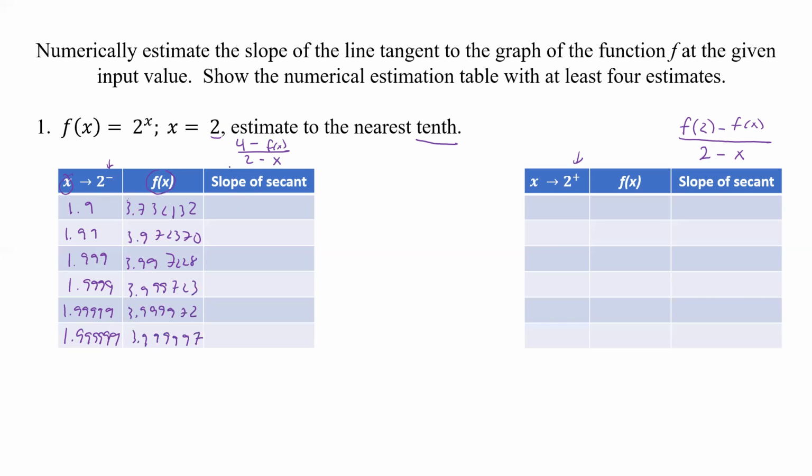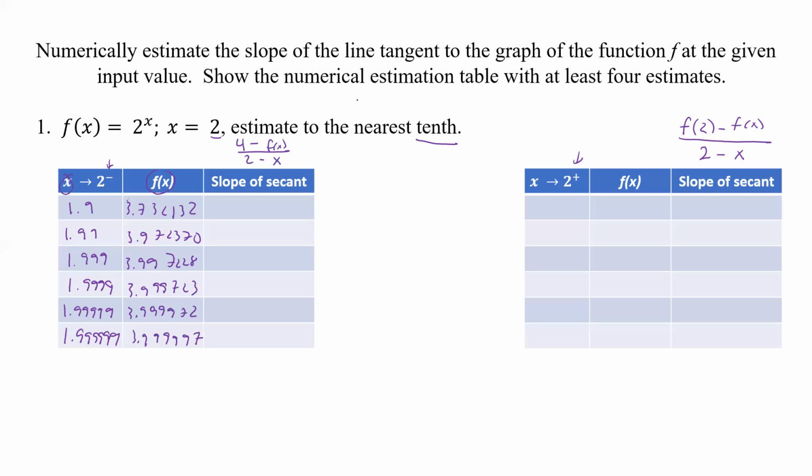Okay, so again, you just plug that into your calculator, and so you just do 4 minus 3.732132 in parentheses, and then divide by 2 minus 1.9 in parentheses, and in this case we get 2.67868.